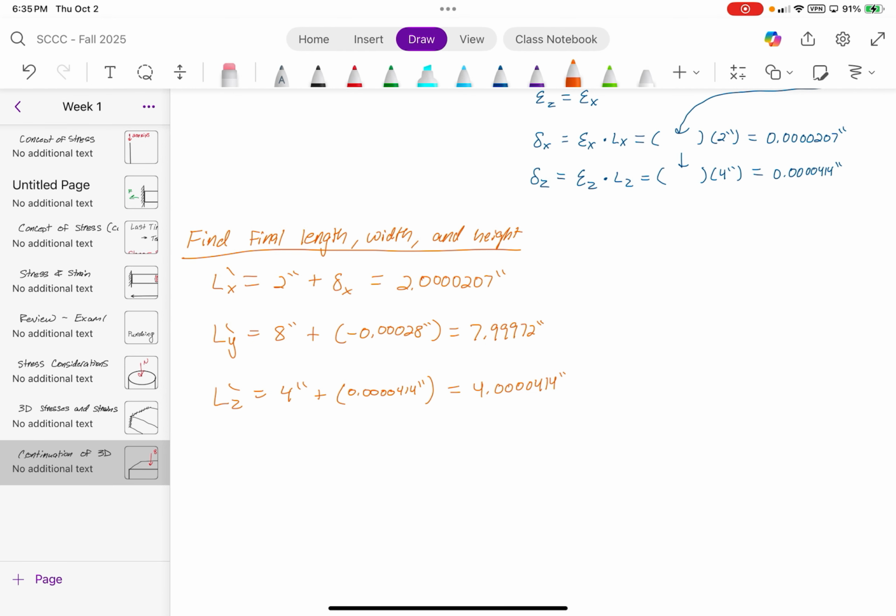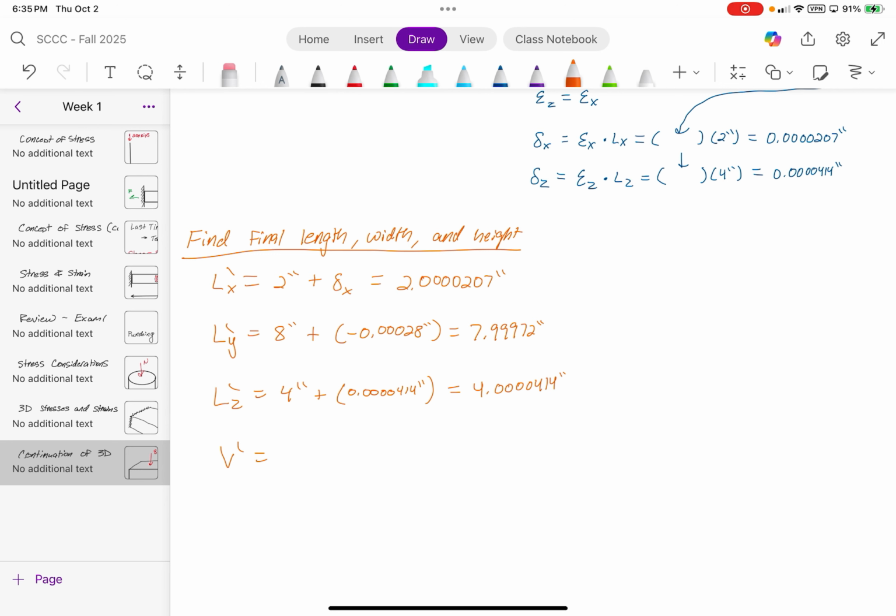You guys would agree with me that we can now calculate whatever the volume of the block was, right? So the final volume of the block is just going to be the multiplication of the three.